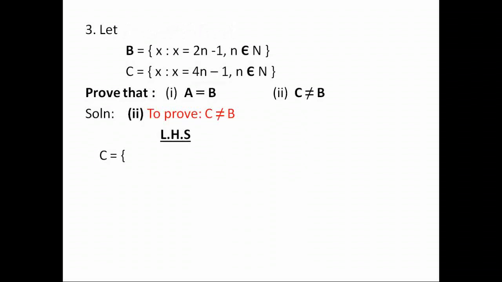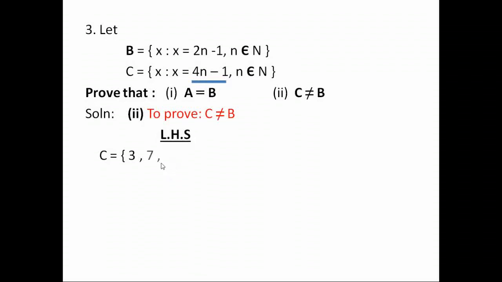So we can substitute the values of n as natural numbers. So if we take 1 here, 4 ones are 4 minus 1, that will give you 3. So the first element of set C is 3. Next, if we substitute 2, 4 twos are 8. 8 minus 1 will get 7.